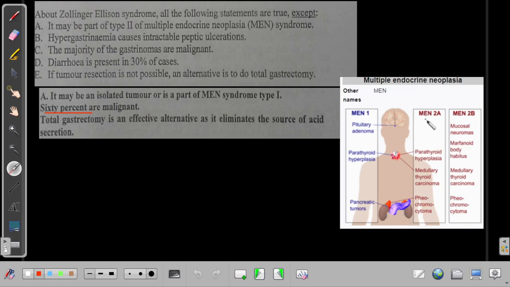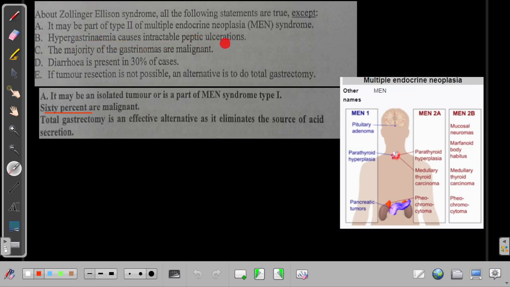This is MEN 2A. MEN 2B, you will remove parathyroid hyperplasia and you will add mucosal neuroma and marfanoid features together with medullary thyroid carcinoma and pheochromocytoma. Okay, so Zollinger-Ellison syndrome can be a part of MEN 1, not MEN 2. Okay, the rest will be true.